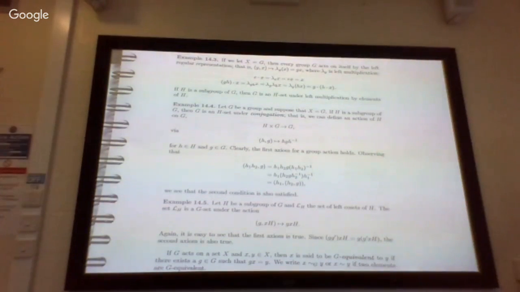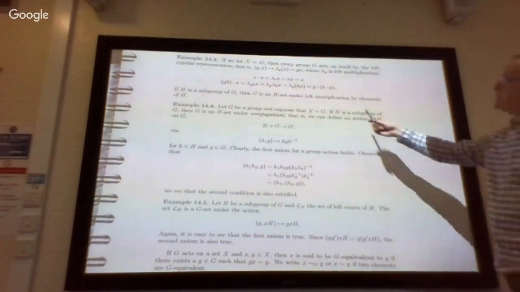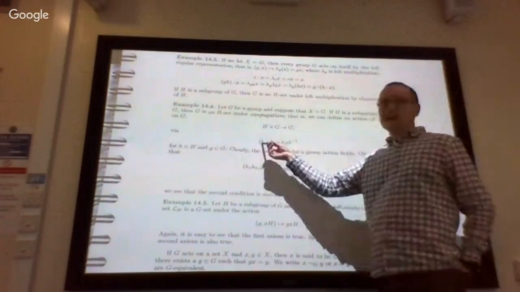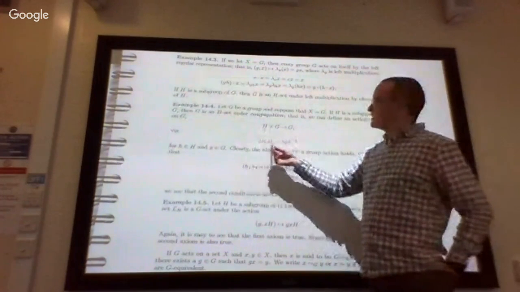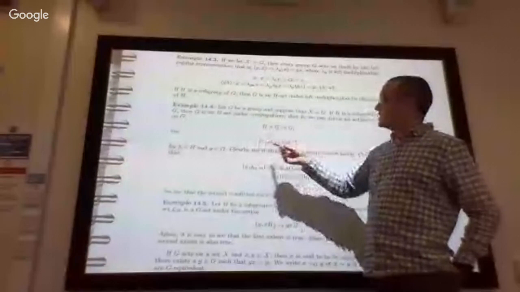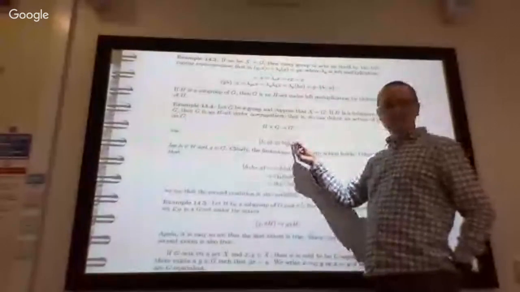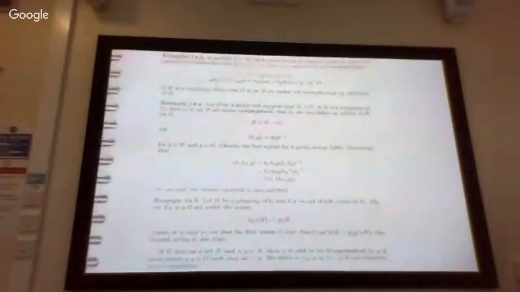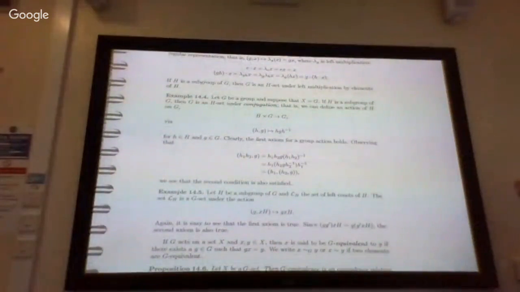Well, this is the self-action of G on itself by conjugation, but you can actually set it up for any subgroup H of the group G. So you can talk about a subgroup acting on the whole group itself through conjugation by the elements of the subgroup H. So the function that's associated to the element little h is this function that moves a group element little g to the possibly different group element hgh inverse. To confirm that it is a group action, you want to confirm that it satisfies those two properties, 1 and 2.